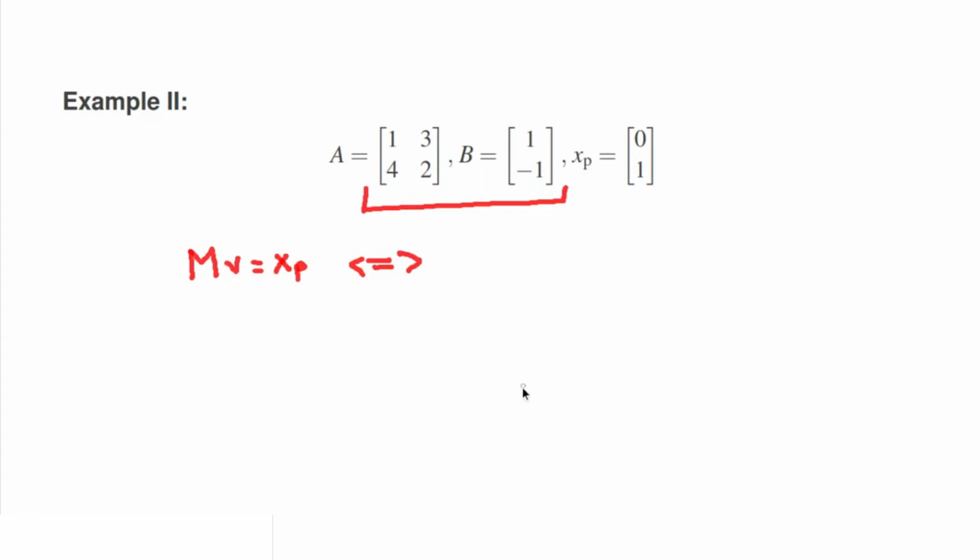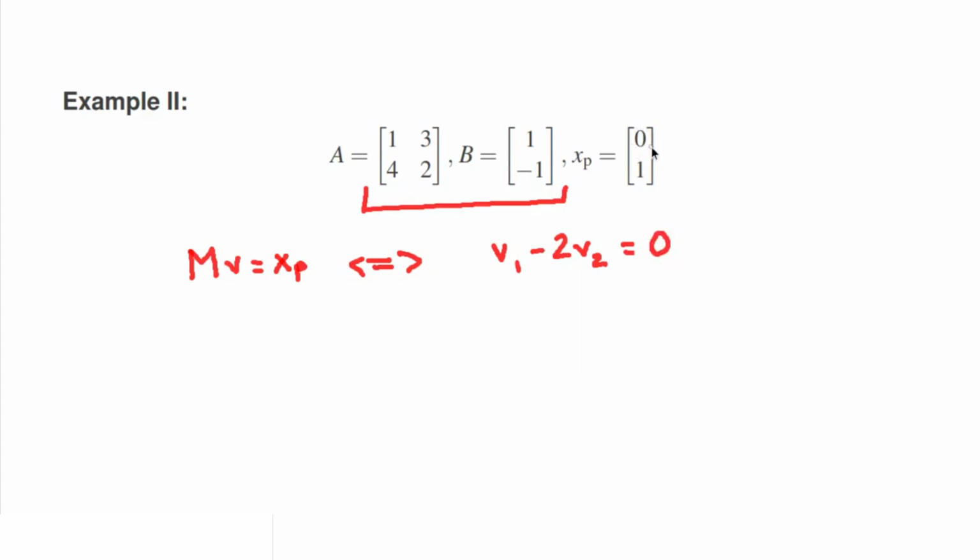So the first simultaneous equation from before, that was v1 minus 2v2, that's the same left-hand side, and this time this will be equal to 0. That's the first of our xp coordinates.